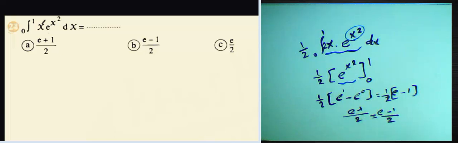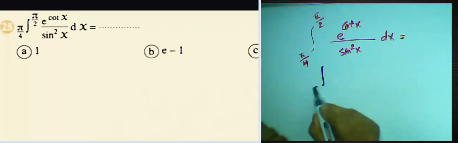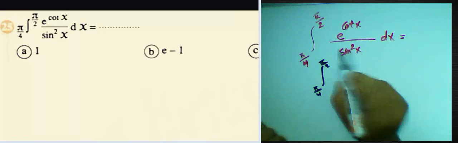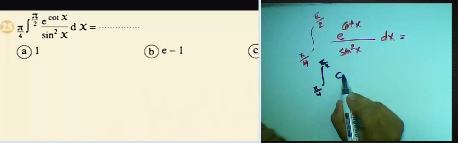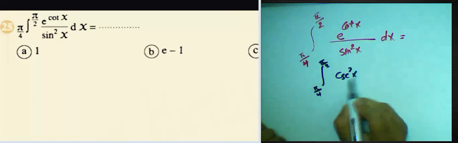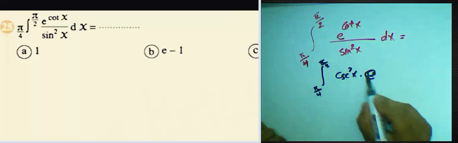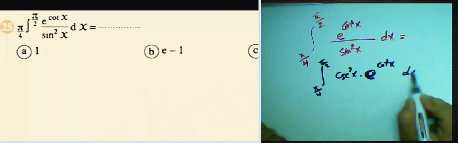The result will be letter P. Integration here of this function, we have the interval from pi over 4 to pi over 2. We can write this function 1 over sine power 2x as cosec power 2x, multiplied by e power cotan x dx.